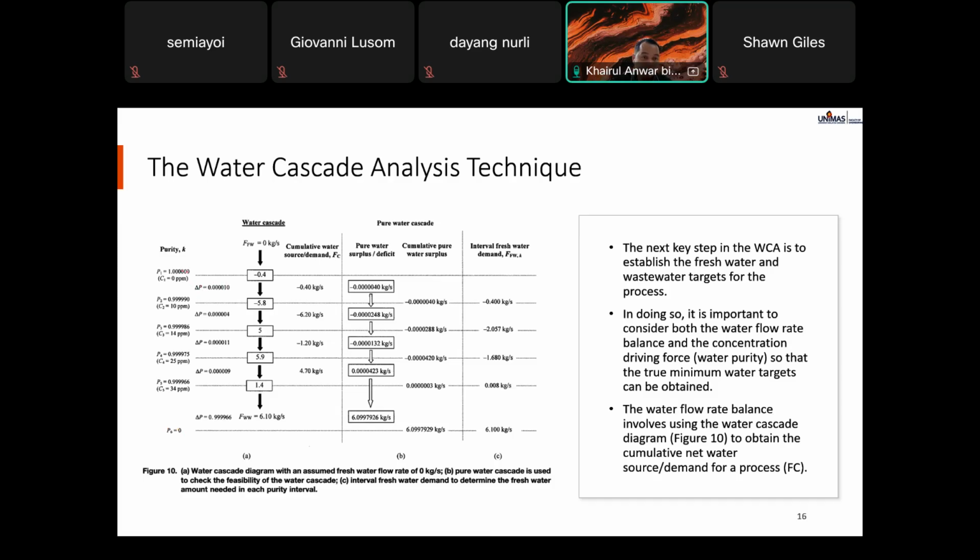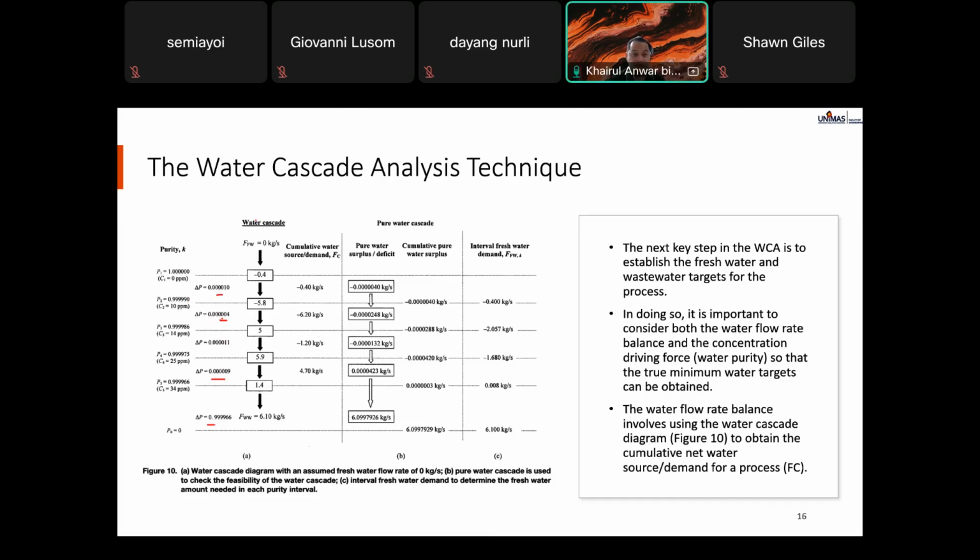It is the difference between P1 and P2, then between P2 and P3. All are available in the water balance table.